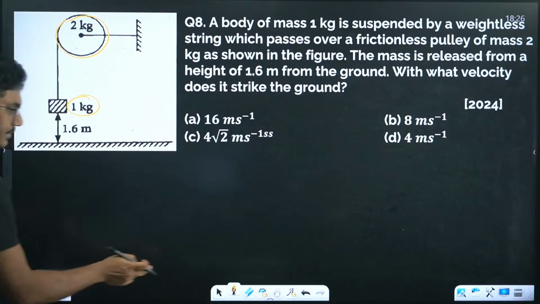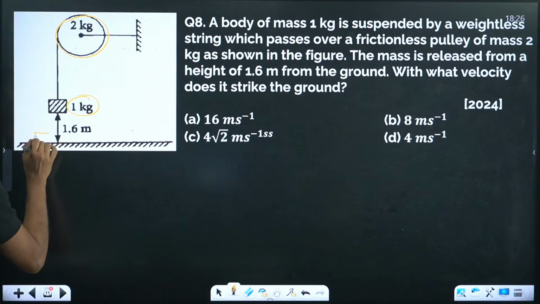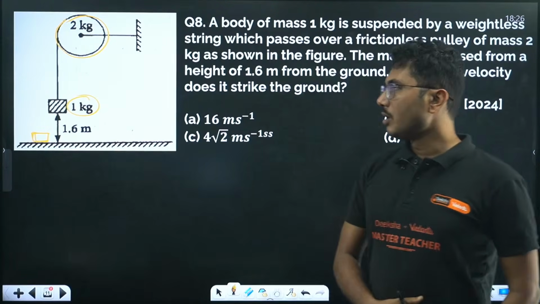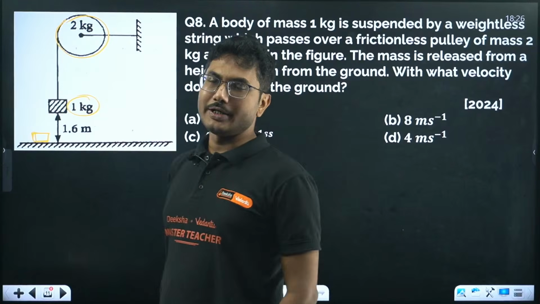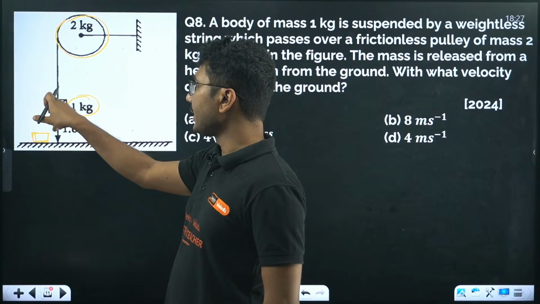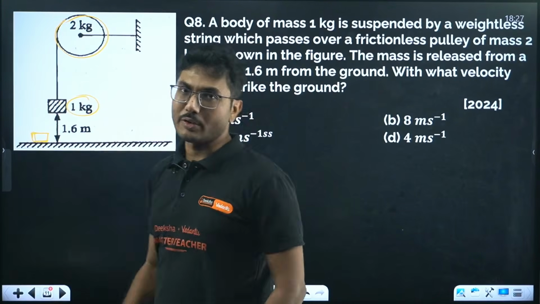So the mass is released, now it is about to strike the ground. What will be the velocity of this mass? In this situation, potential energy is converted into kinetic energy. Whose potential energy? This object is located at some height.